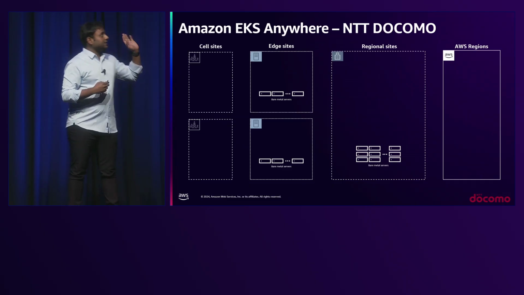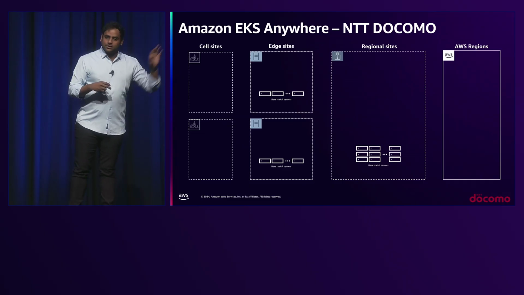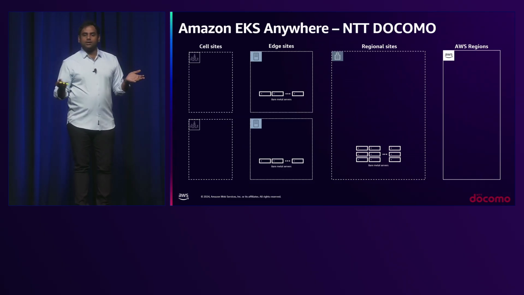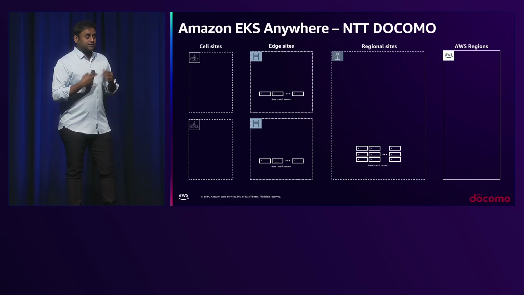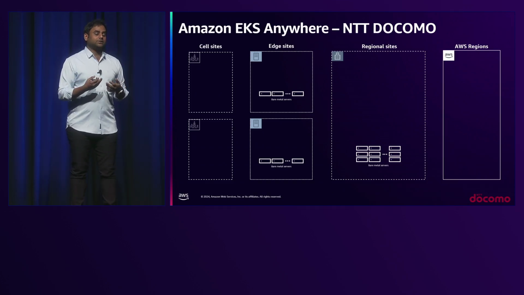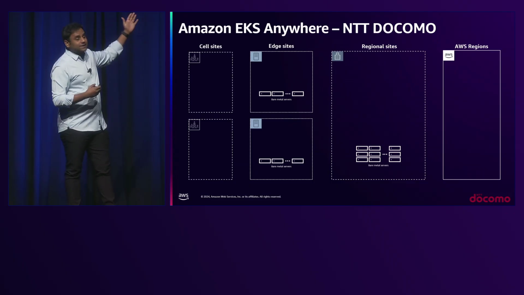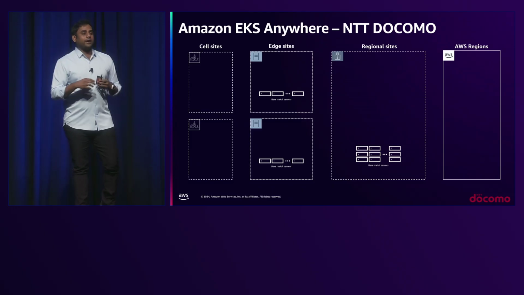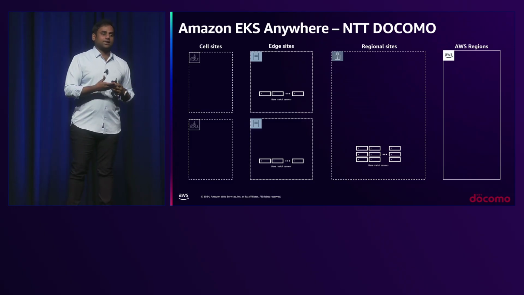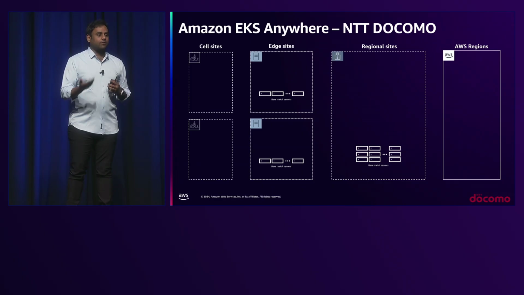So what is the differentiation factor here? The region is a cloud-based model, and the regional sites are standard data centers which have enough capacity to host multi-node clusters. Edge sites are resource-constrained environments where they cannot operate a lot of different options when it comes to hardware.